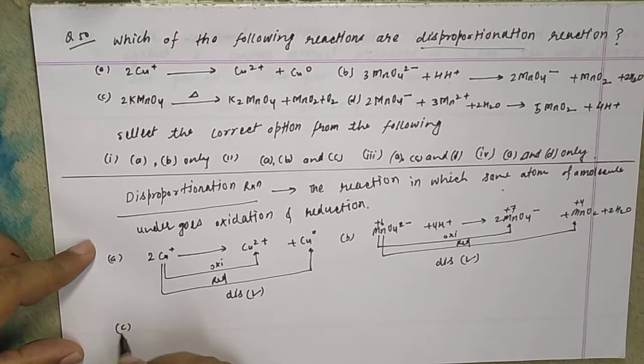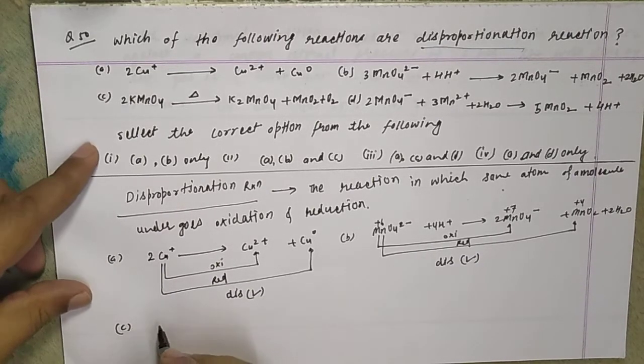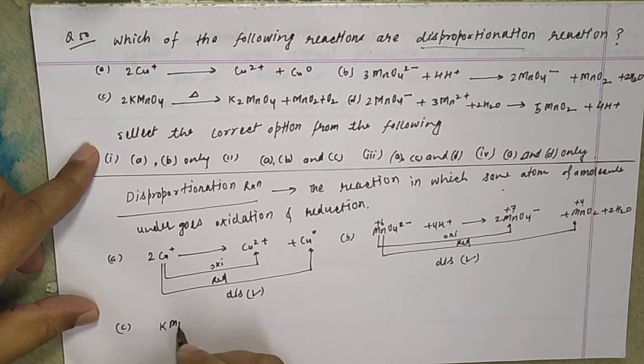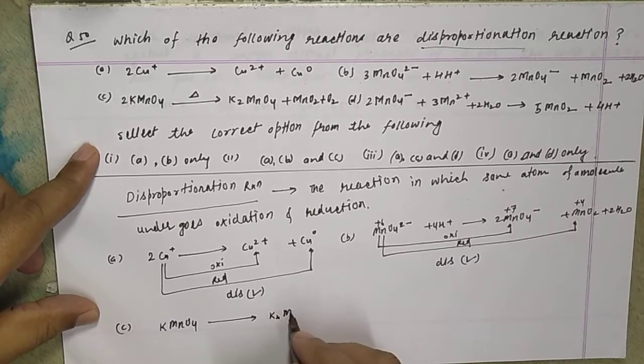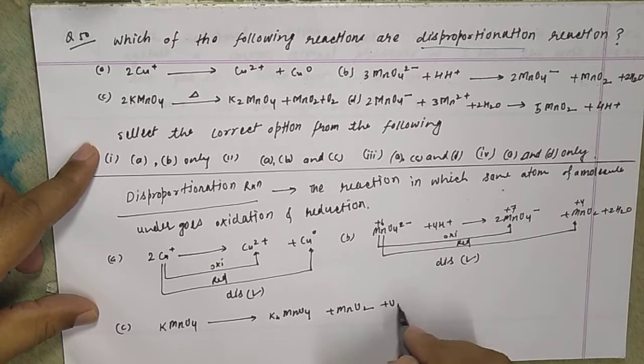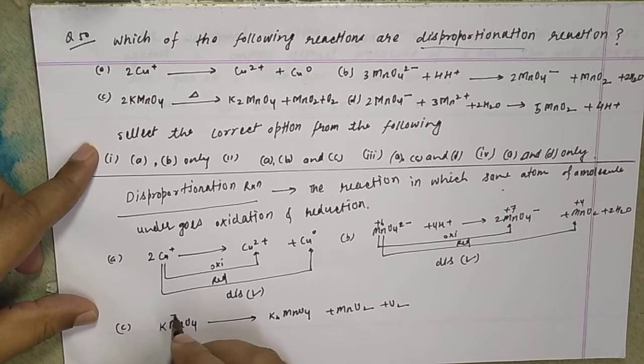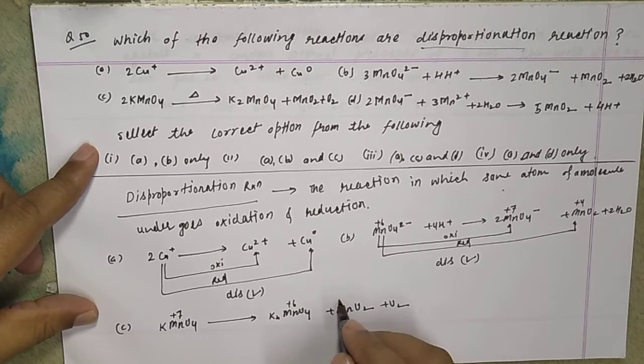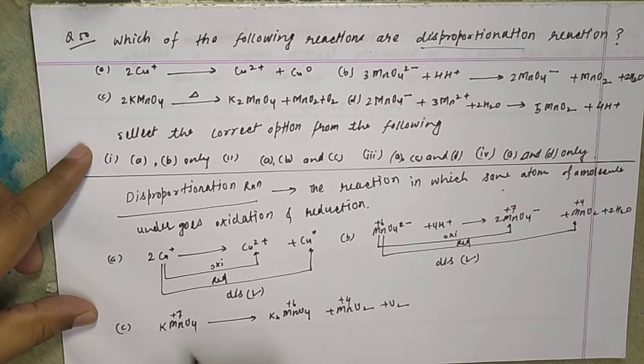Now let us see option C, what it is saying. KMnO4 is converting into K2MnO4 plus MnO2 plus O2. Now you see here it is plus 7, here it is plus 6, here it is plus 4.